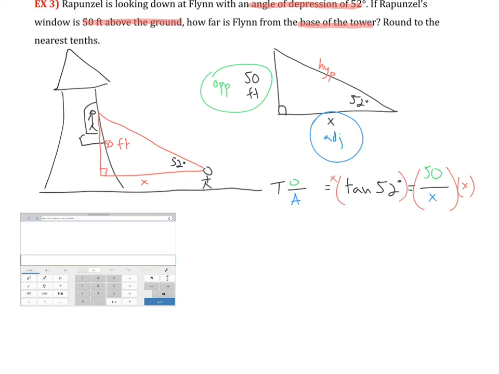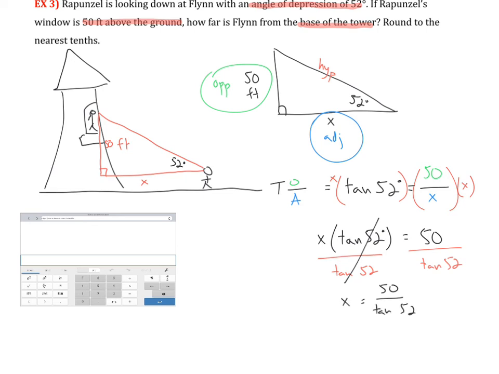So what we get is x times tangent of 52 degrees is equal to 50. Now, because this says x times tangent of 52 degrees, to finish up this problem, I need to divide by tangent of 52 degrees on both sides. So tangent of 52 degrees on the left side cancels out. X is now equal to 50 divided by tangent of 52 degrees. Let's go ahead and put that into a calculator.